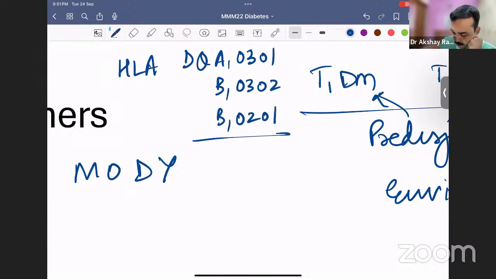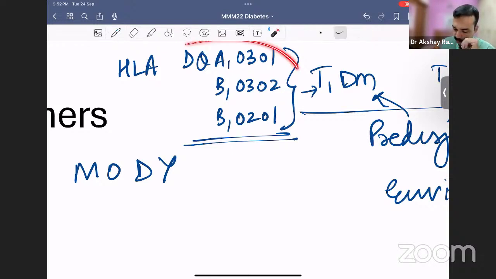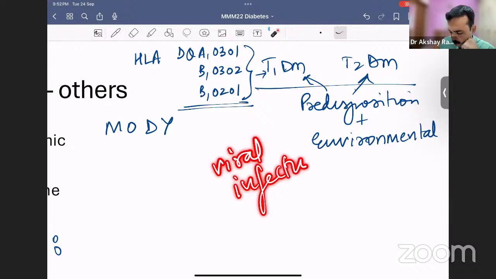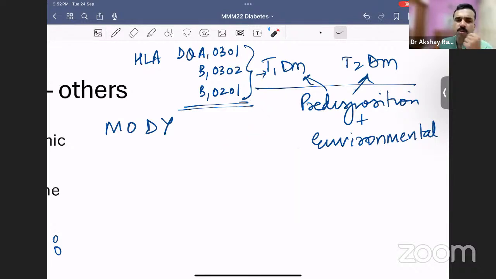These HLAs are strongly linked to type 1 diabetes. So this kind of a predisposition, HLA association, along with that, some environmental triggers. It could be as innocuous as a viral infection. Some viral infection may trigger the autoimmune process in an already predisposed individual.